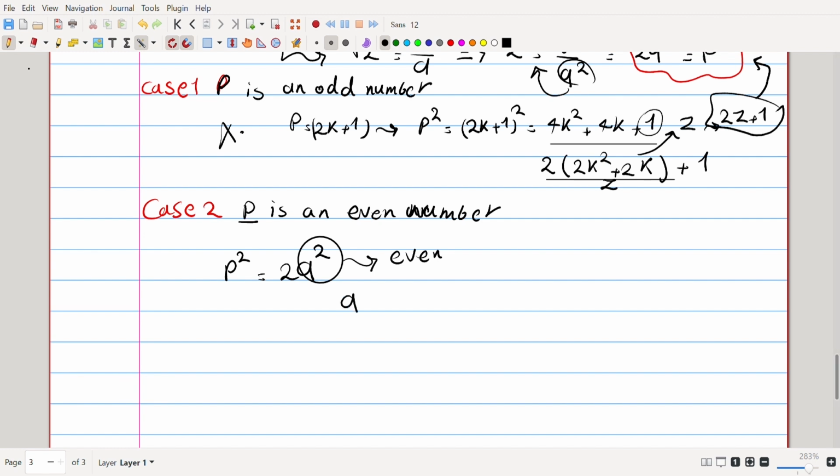So p is also an even number, and we already knew that the greatest common divisor of these two would be 1, but they are both even, so it is going to be 2, which is a contradiction right here. And now we are done with this theorem.